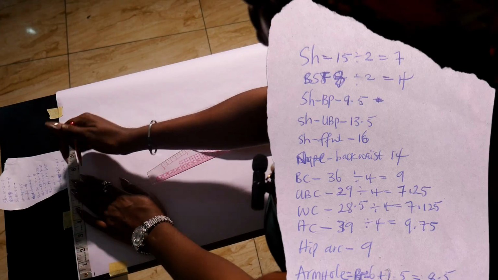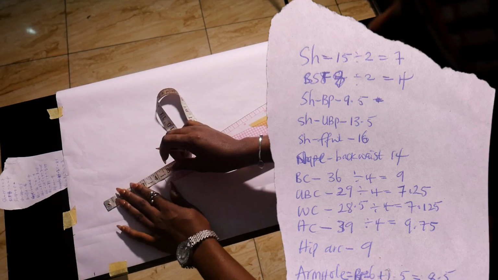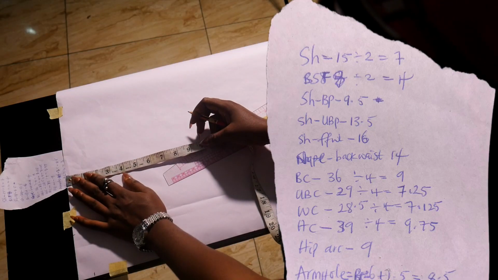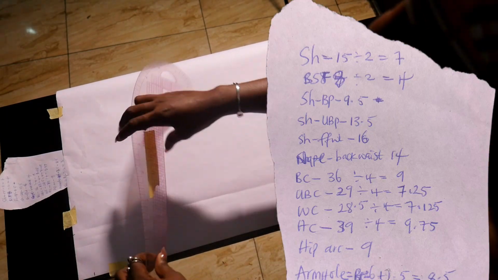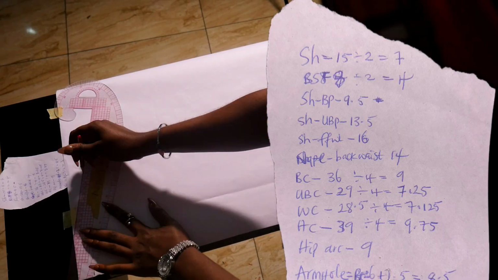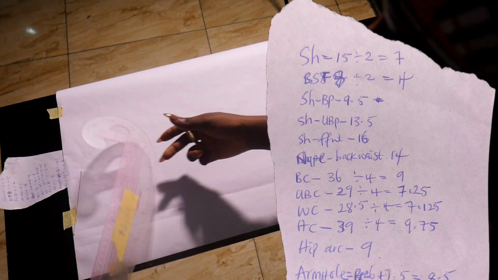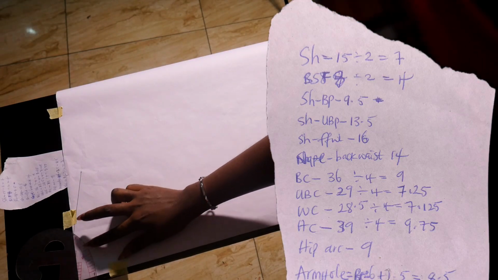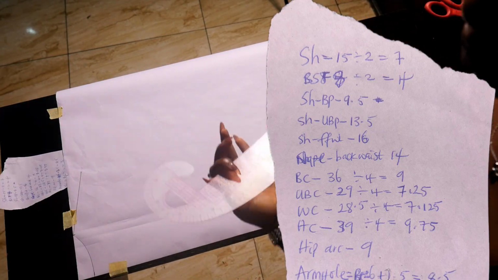So my shoulder is 7.5. My shoulder slope at the back, I'm going to connect, is just 1 inch, unlike the front, which is 1.5. So I'm going to connect my shoulder slope and then my back neck circumference, just like that.